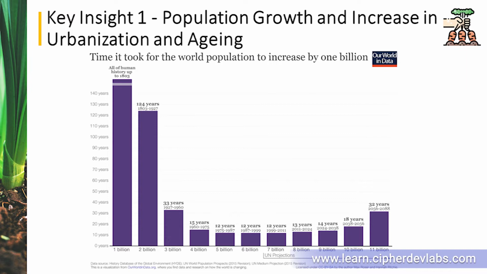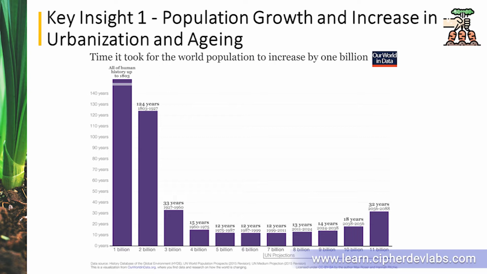So 4 billion was reached in just 15 years, 5 billion in just 12 years, 6 billion in 12 years, 7 billion in 12 years, 8 billion will be reached in 13 years, 9 billion in 14, and 10 billion is expected to be reached in 18 years, and 11 billion in 32 years.